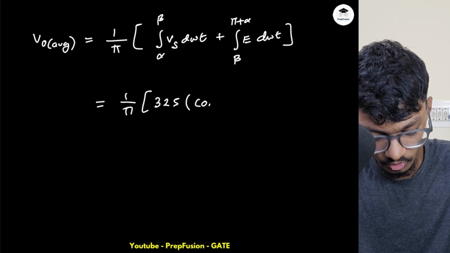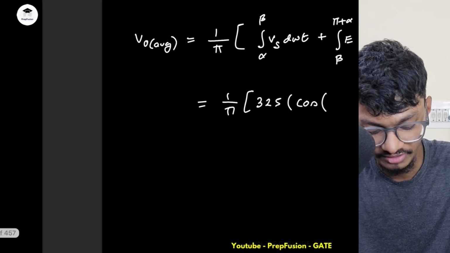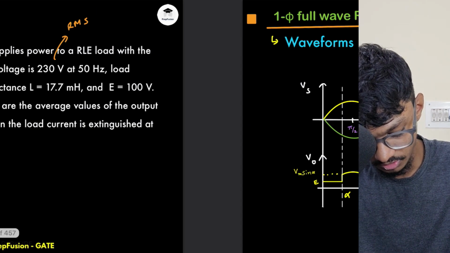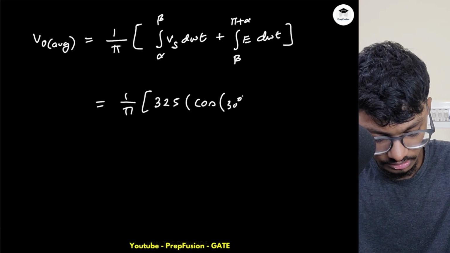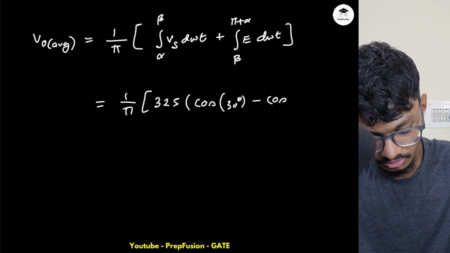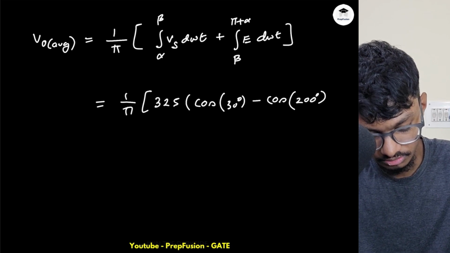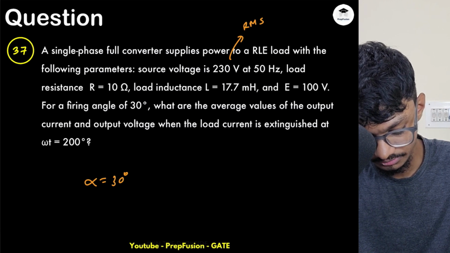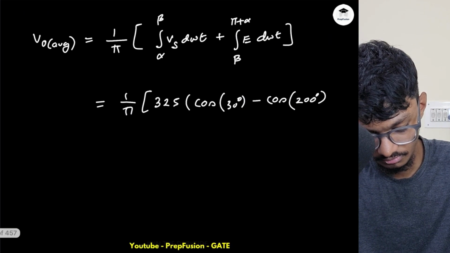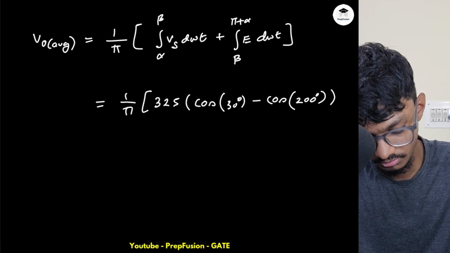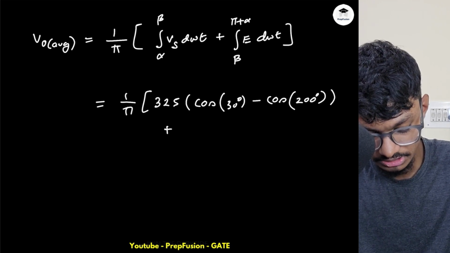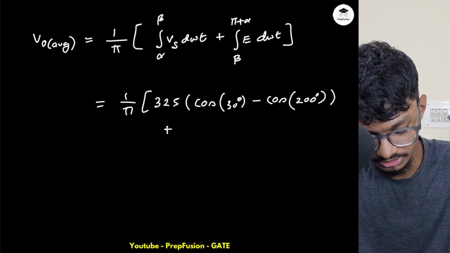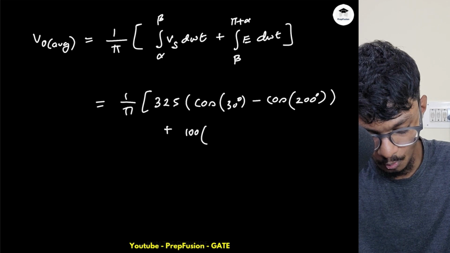This will be cos of alpha minus cos of beta. What is alpha? Alpha is simply 30 and beta is simply 200 degrees, right? So cos 30 minus cos of 200 degrees, plus E, which is 100 volts, into pi plus alpha minus beta.